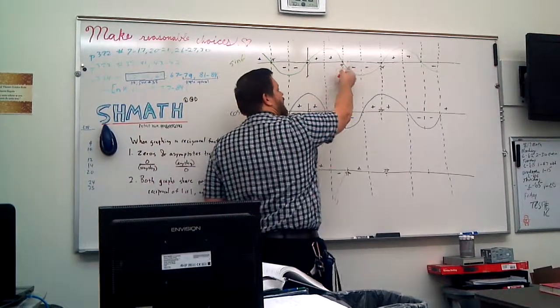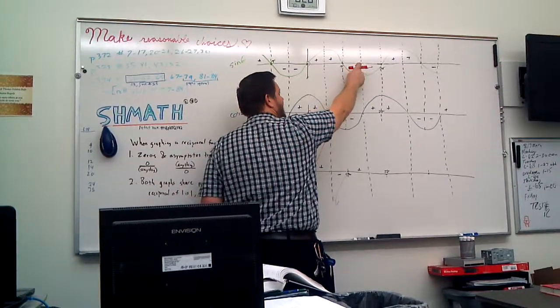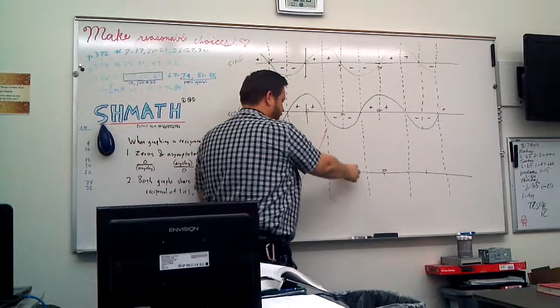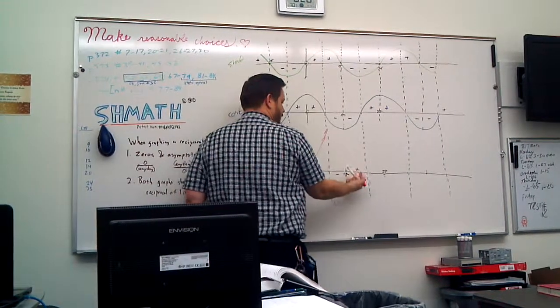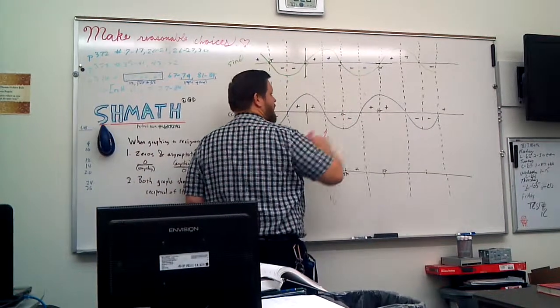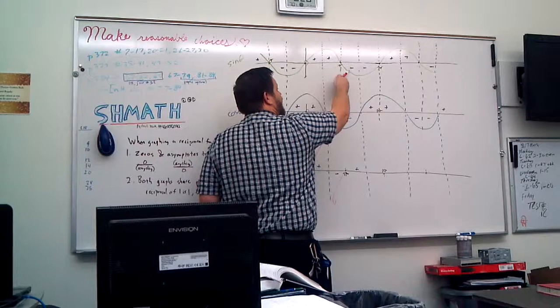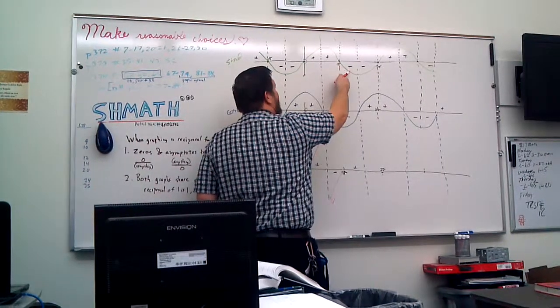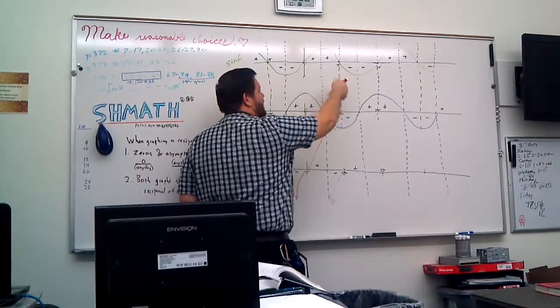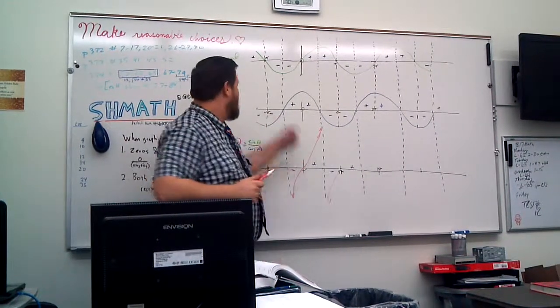Over here, as we approach this asymptote from the left, we have a negative divided by a negative, so that's going to give us a positive. Between this 0 and this asymptote, we're going to be on the top side of the x-axis. As we approach this asymptote, the sine function is getting to be a larger absolute value number.